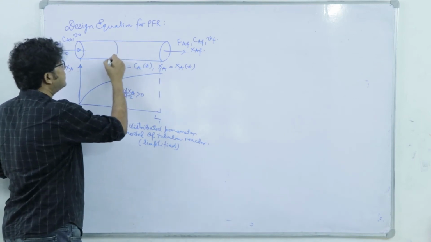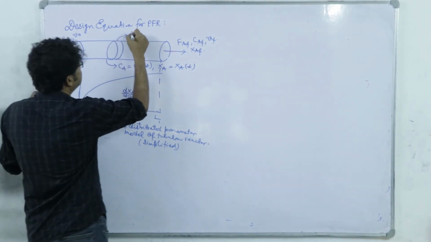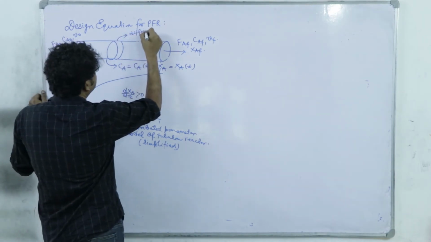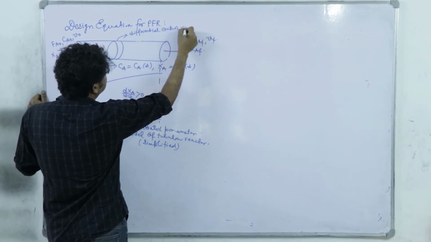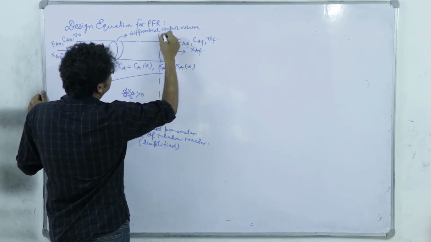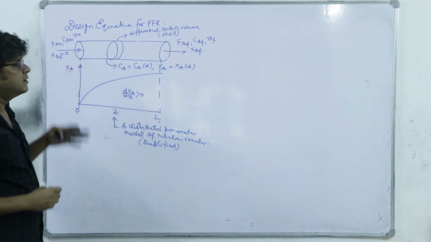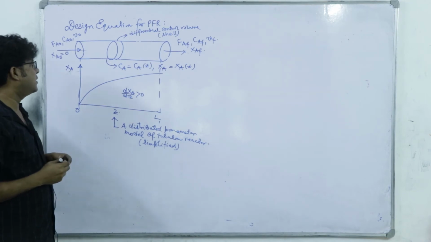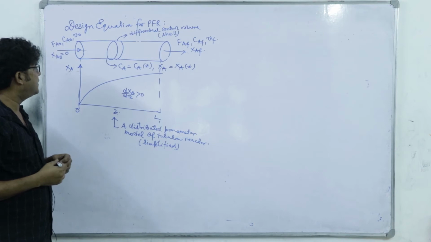So the differential volume is like this. This is the differential control volume, often stated as a shell in the terminology of transport phenomena.